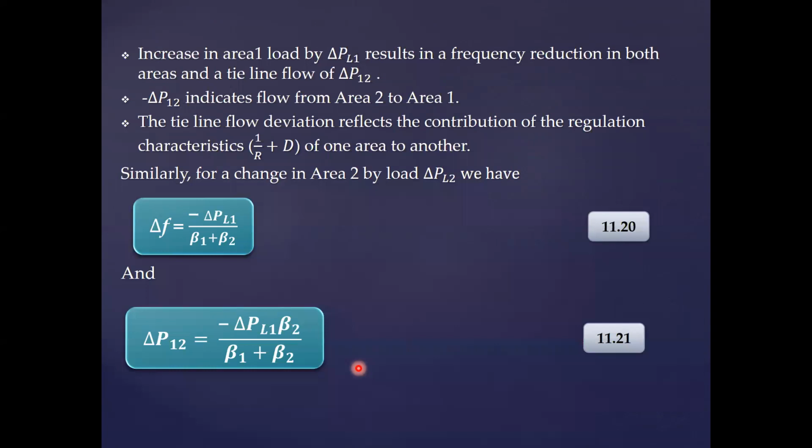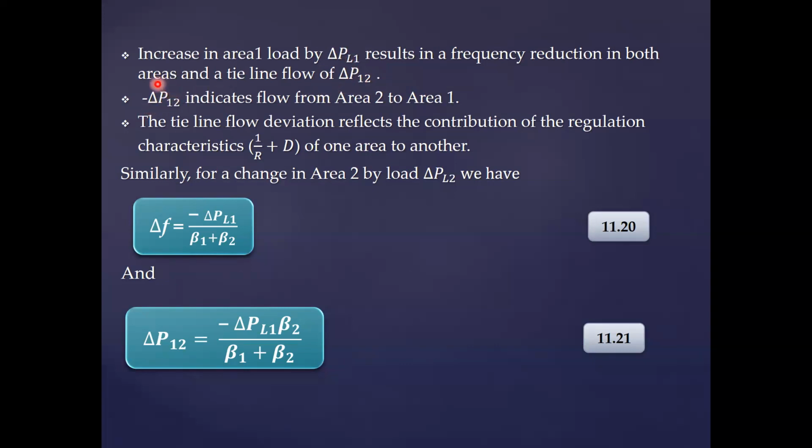So with this, if we have, let's say, a load increase in area 1, it will also lead to frequency change, in fact a reduction, in both areas because the system is interconnected, and thus you have power flow on the tie line.